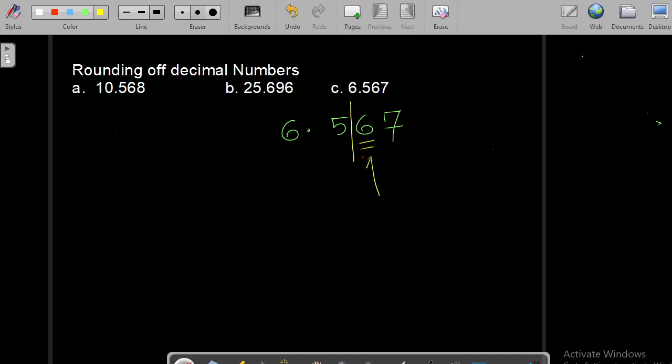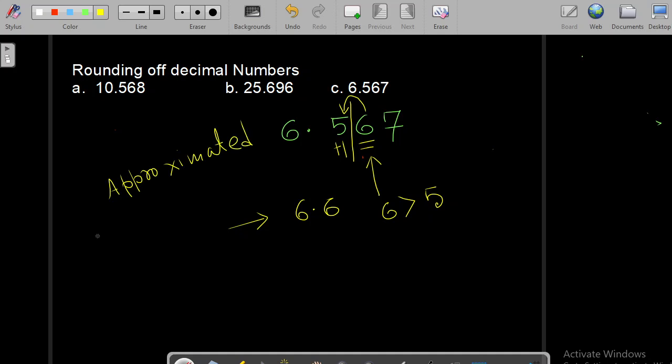Now, this 6 is greater than 5. Since it's greater than 5, the immediately preceding number is increased by 1. So it will become 6.6. I have approximated it up to one decimal place.